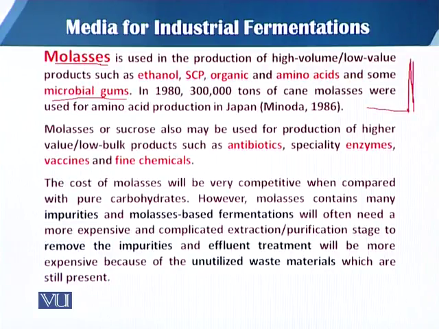In 1980, 3 lakh tons of cane molasses were used for amino acid production in Japan, as reported by Minoda in 1986. Molasses is a valuable source of sucrose and other compounds that can be utilized for the production of antibiotics, enzymes, vaccines, and some fine chemicals.